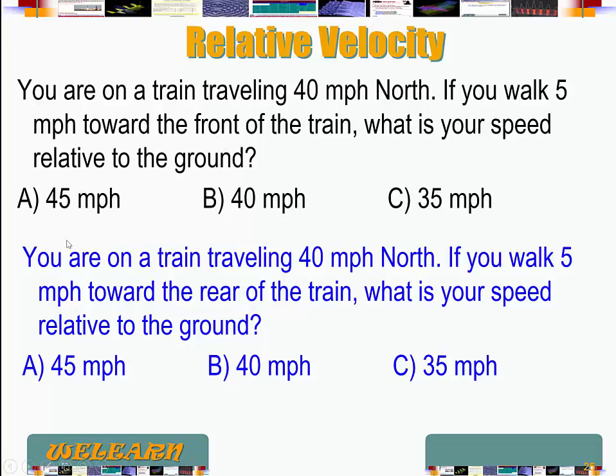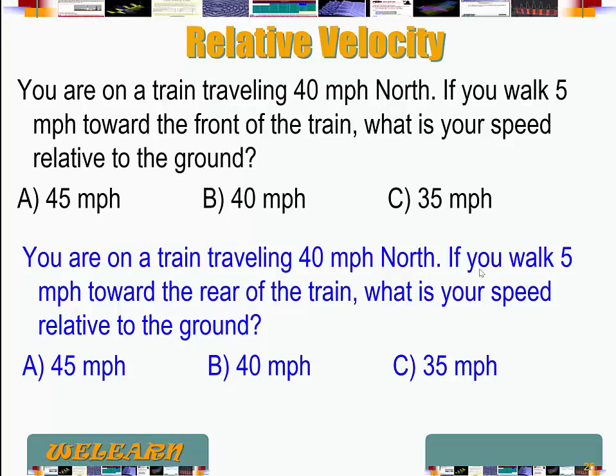In the same token, if you are walking backwards, walking towards the rear of the train, now the train is moving north, you are moving south. Relative to people inside the train, you are walking at 5 miles per hour towards the south.